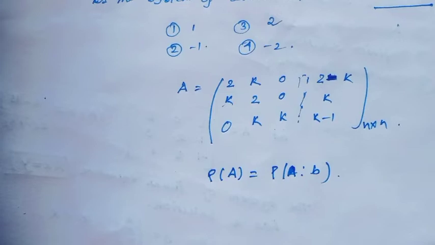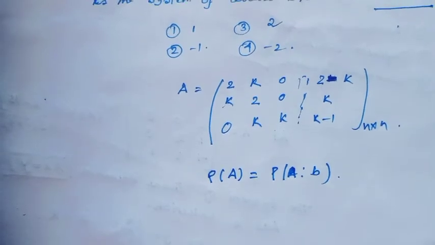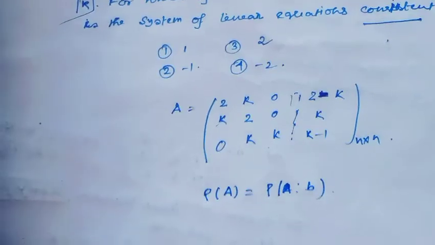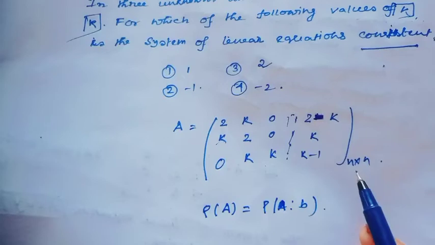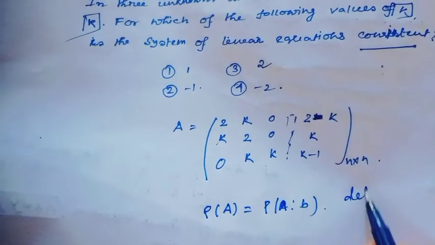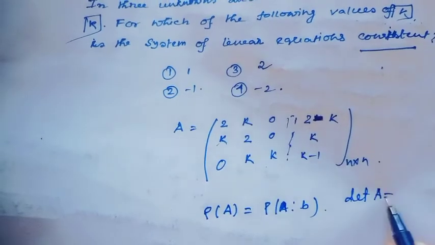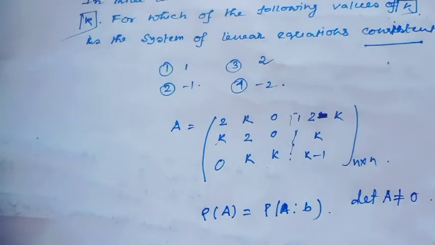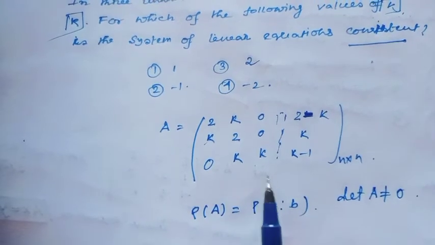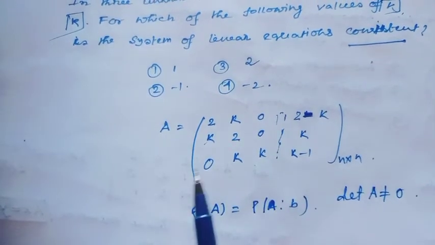We all of us know rank means just how many linearly independent vectors exist in the matrix. But here notice the matrix is a square matrix, so we can check linear independence by the determinant. If the determinant of this matrix is non-zero, that means we can tell there always exists a solution for all k.